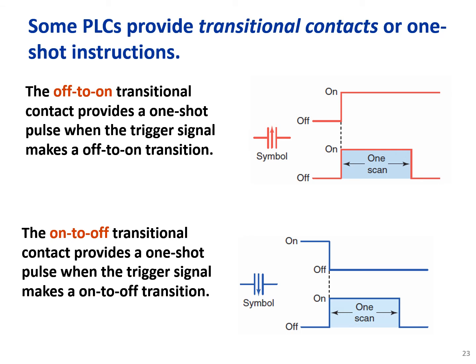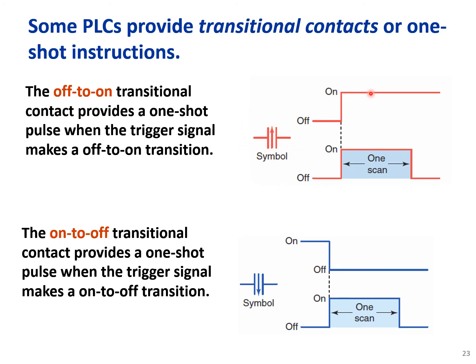Some PLCs provide transitional contacts or one-shot instructions. The off-to-on transitional contact provides a one-shot pulse when the trigger signal makes an off-to-on transition. So this is the symbol, and this is the off-to-on transition.